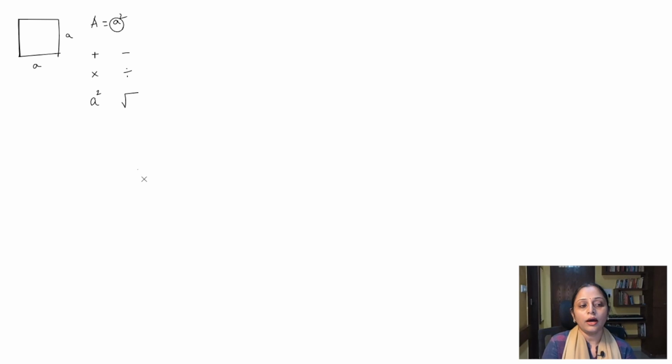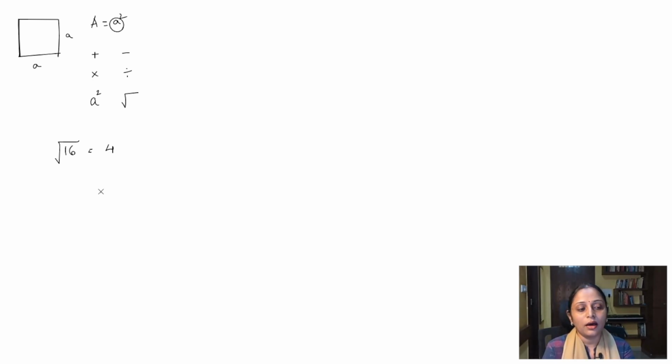Now here, it is important to note that given any number, for example, let's take the number 16. When I say square root of 16, clearly you know that 4 squared gives you 16, right? So square root of 16 is equal to 4. But here, every number has two square roots.